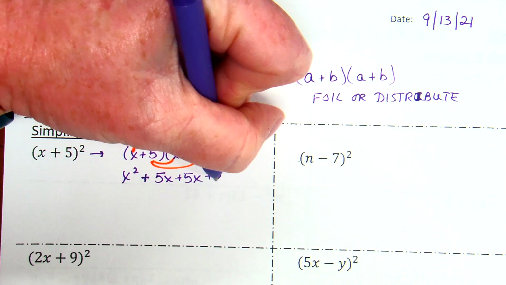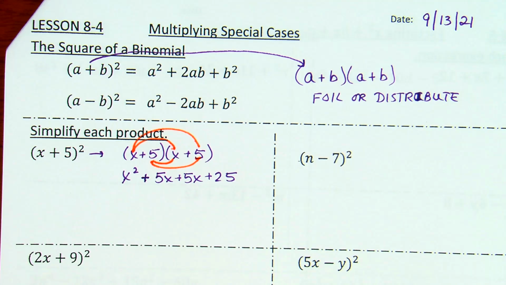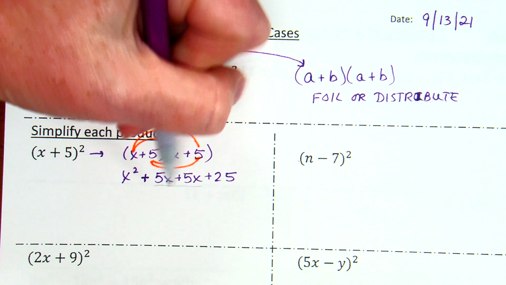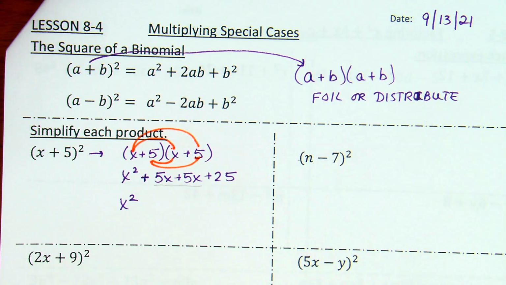Okay. Now, always check your cleanup step. There's usually a cleanup step. What can I clean up here? Yeah, look for like terms. In this case, 5x and 5x are both x terms, aren't they? So x squared is just going to carry down. What's 5x plus 5x? 5 plus 5 is 10.